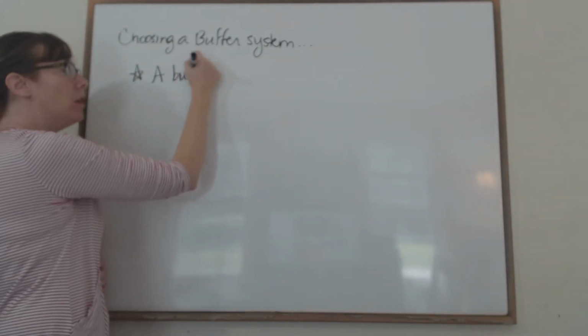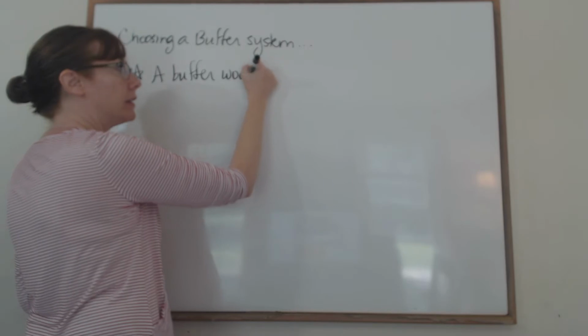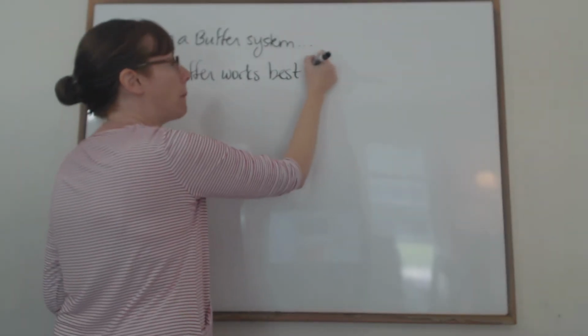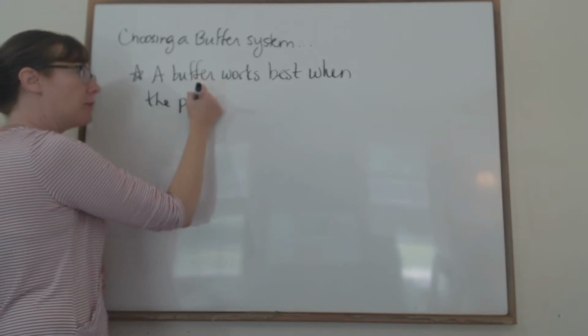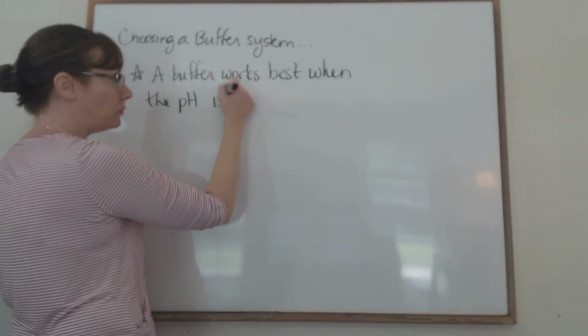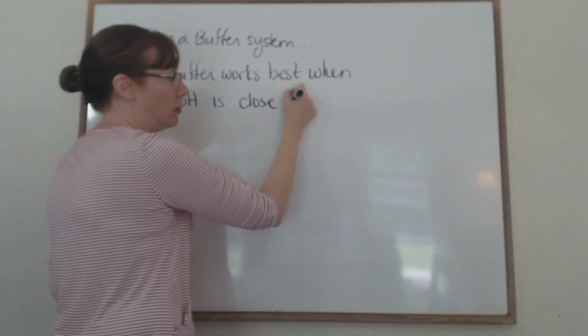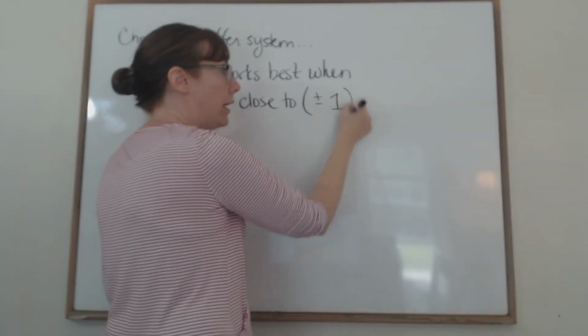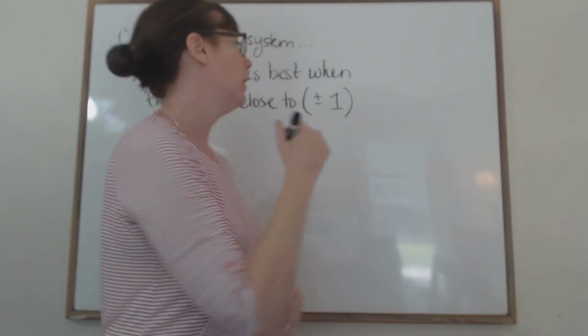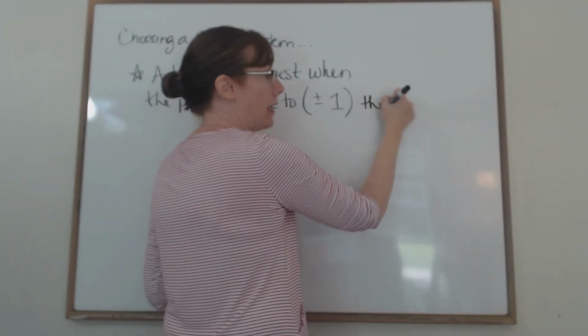A buffer works best when the pH is close to, and when we say close to, we mean within 1, either higher or lower by 1, the pKa.